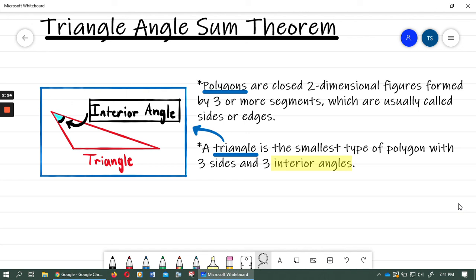Okay, so before we get into the triangle angle sum theorem, I just want to give you a little bit more background and basics to make sure you've got everything you need.